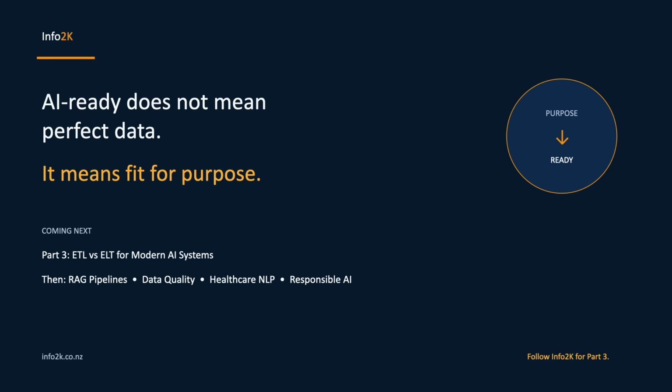The question changes the conversation from a vague technology ambition into an engineering and governance problem that can actually be assessed. In Part 3, we will build on this foundation and look at ETL versus ELT for modern AI systems.